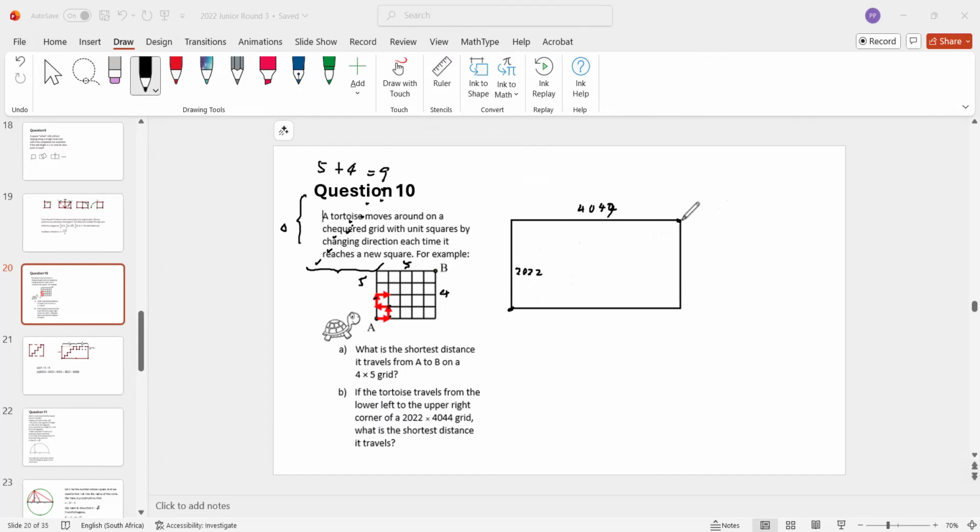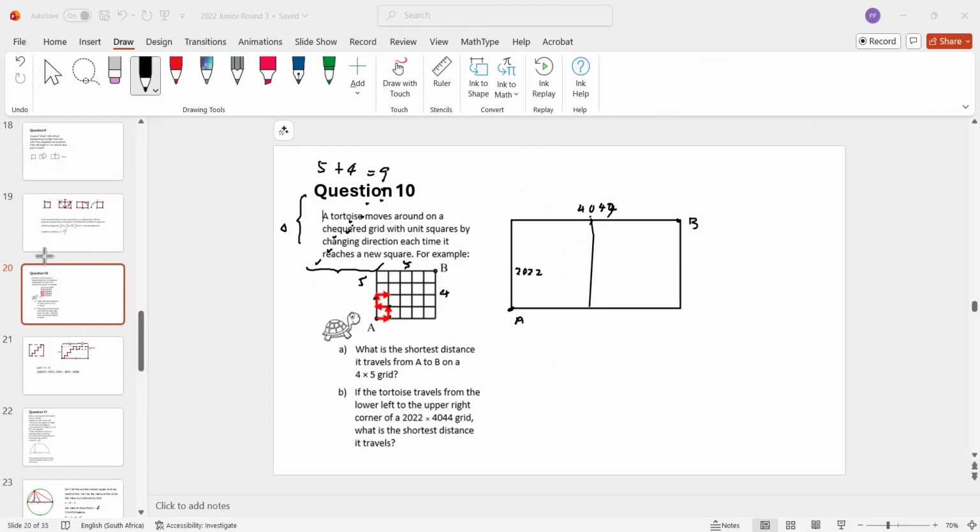Well, evidently, it's going to go from A to B, but there are 2022 cells here. This way is 4044. Again, once more, it'll make a beeline for this point.